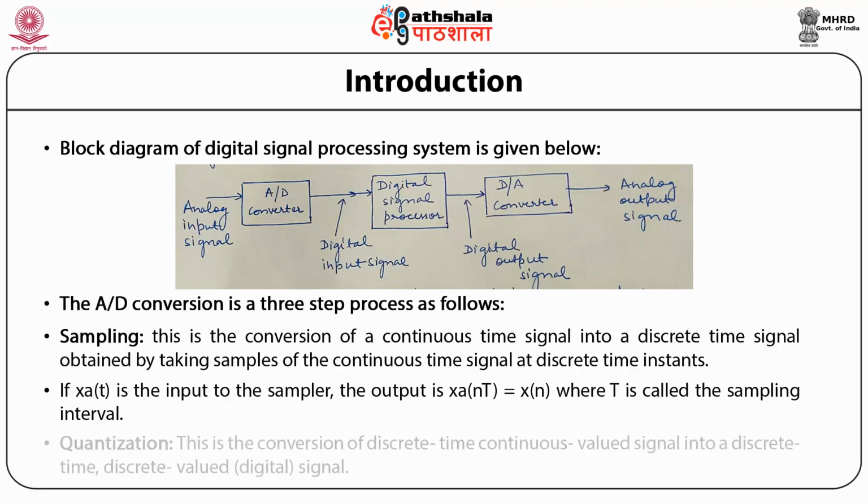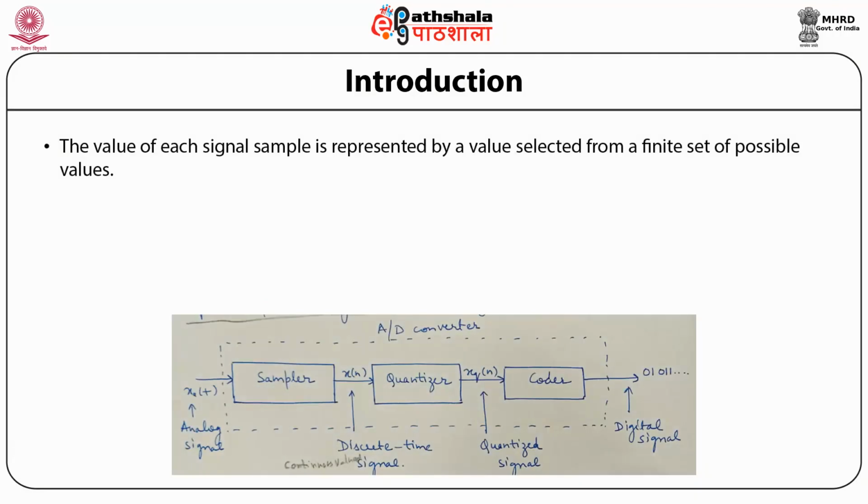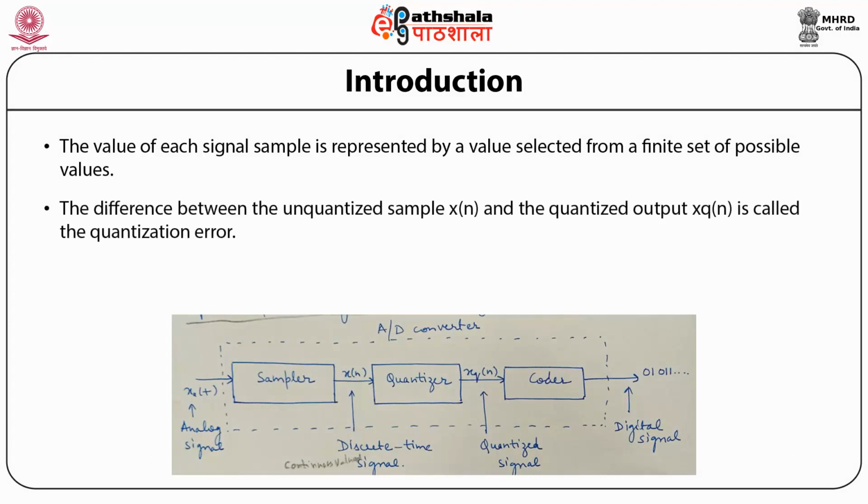The next process is quantization. This is the conversion of a discrete time continuous valued signal into a discrete time discrete valued digital signal. The value of each signal sample is represented by a value selected from a finite set of possible values. The difference between the unquantized sample x(n) and the quantized output xq(n) is called the quantization error.